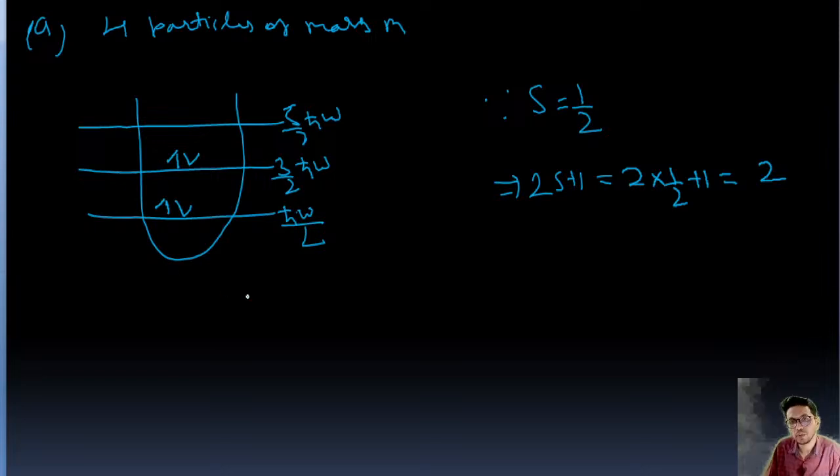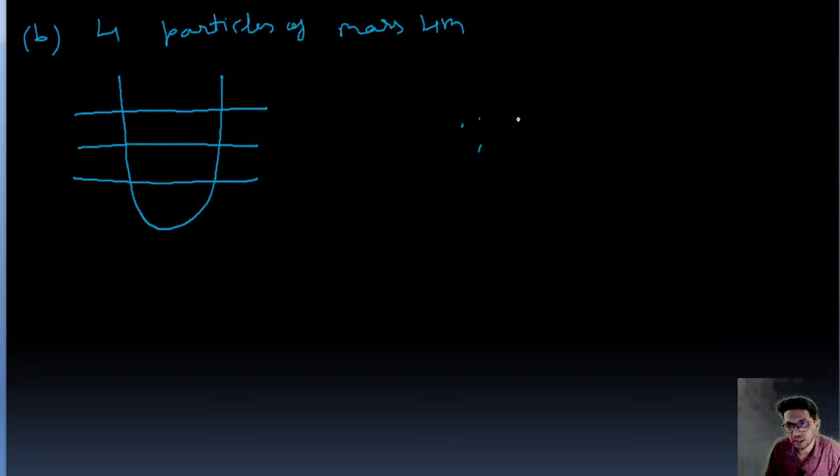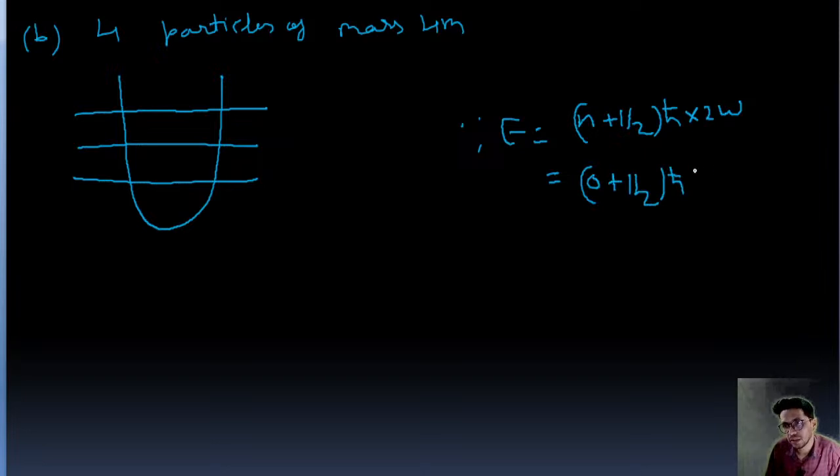Since the energy is (n plus half) h-cut times 2 omega, for the ground state n equal to 0, this is 0 plus half h-cut into 2 omega, so this is going to be h-cut omega.